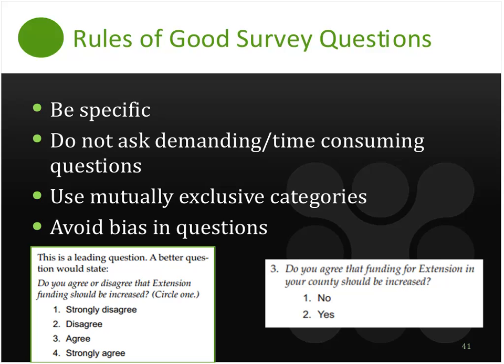And so bias is a big one because oftentimes when we're putting things together, we're just typing it out as the way it makes sense to us, and we are so close to the issues that we may in fact not realize that we have inadvertently added bias. And then of course if you're using somebody else's instrument, you always want to be very careful and look at that, and if there's bias and the other kinds of rules that we've talked about for good survey questions.